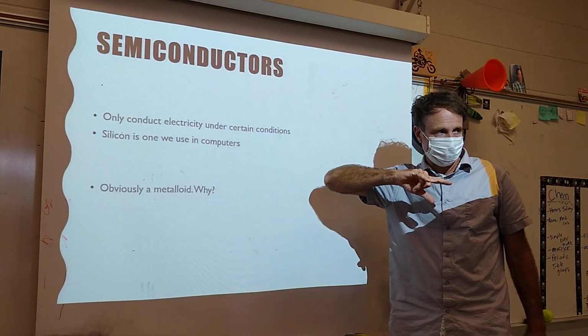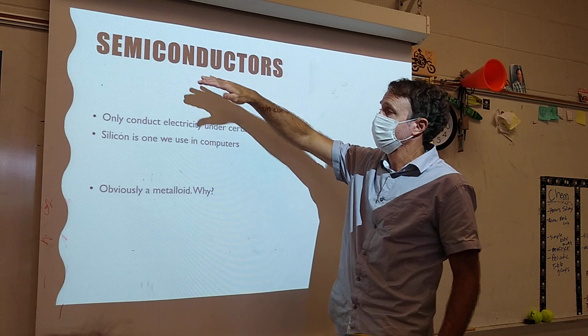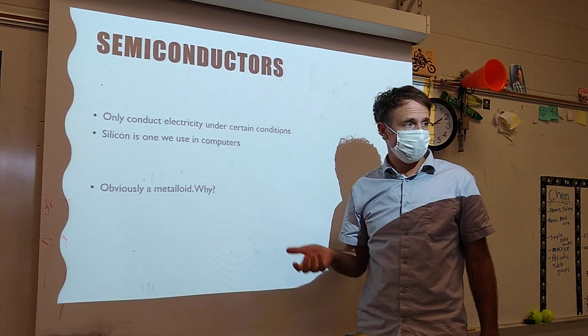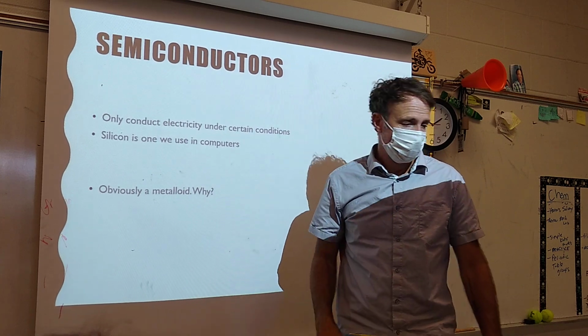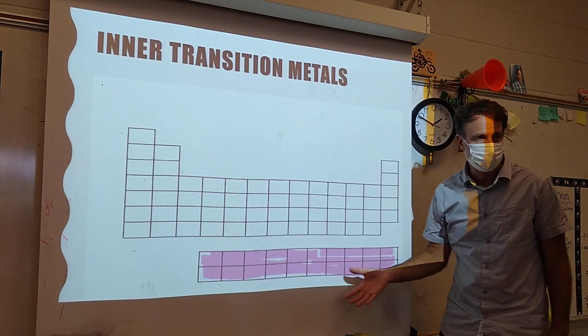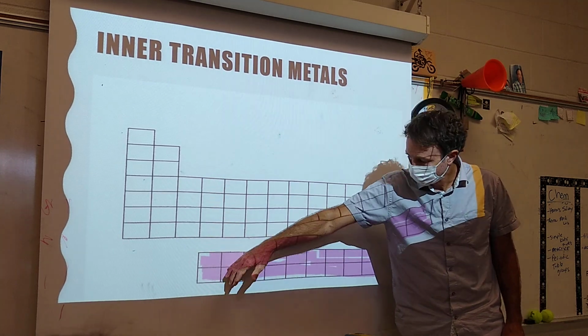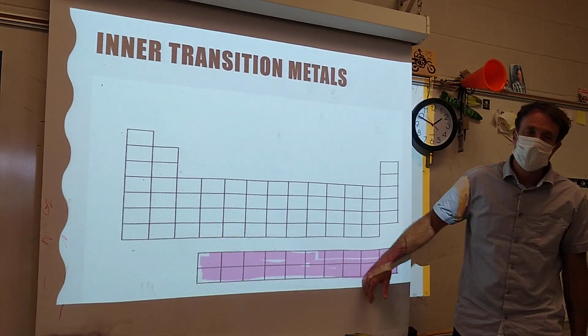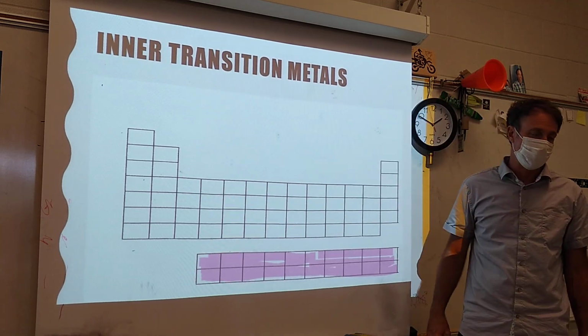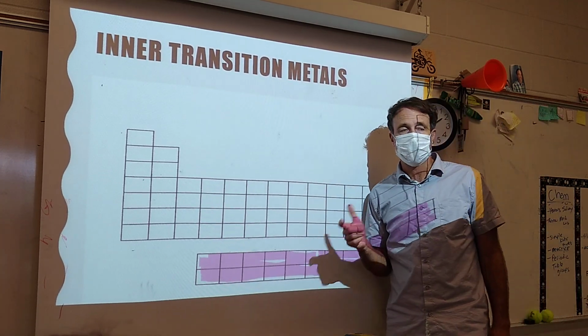Metalloids, and you don't have to write this down because I just told you what it was. They're semiconductors. They only conduct electricity under certain conditions, okay? All right. Now, down here on the bottom of your periodic table, you can shade in all of those. There's 28 on our table. There's 28 total boxes down here on the bottom. And they're called the inner transition metals.